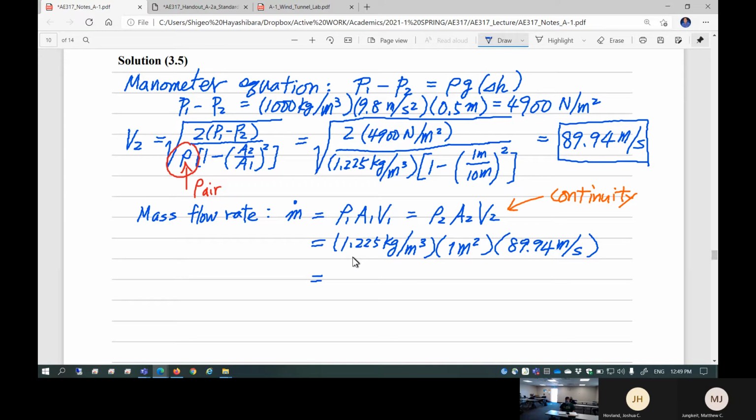About 100 something. Yeah, 110.17. What's the unit? Kilograms per second. That's right. This is the mass flow rate of this tunnel. All right, so it's a fairly simple deal.